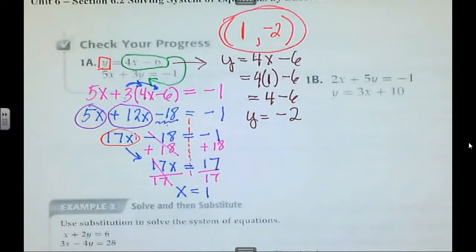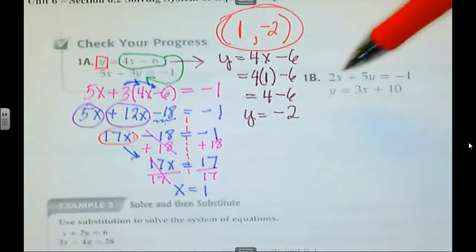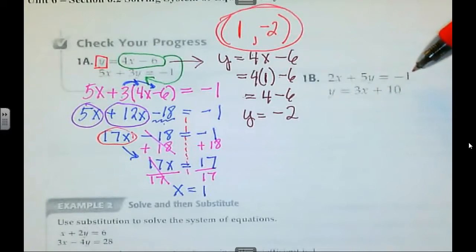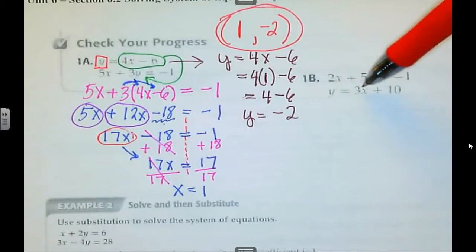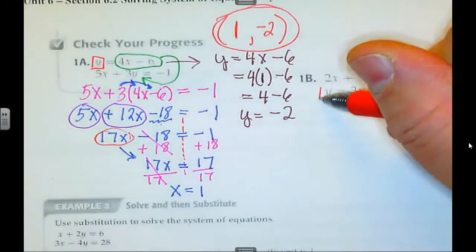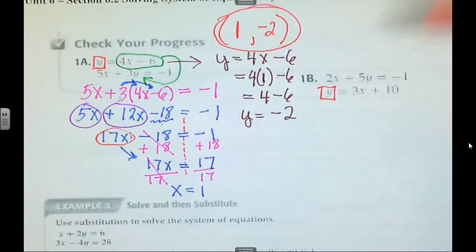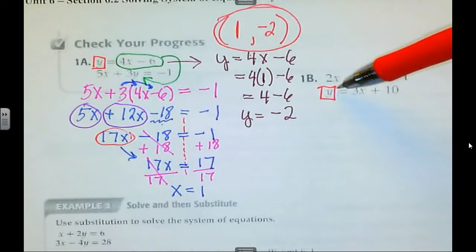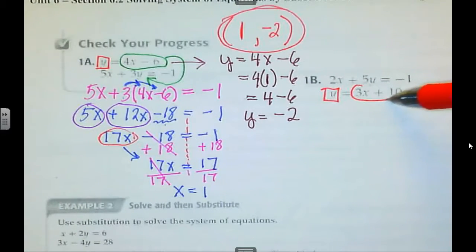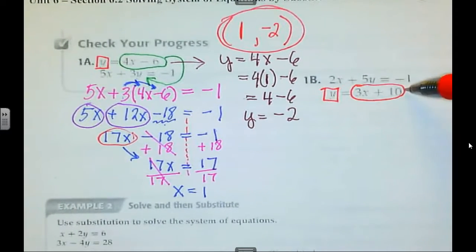Let's try another one. Let's do B. Okay, my first equation, I have 2x plus 5y equals negative 1. Y equals 3x plus 10. Well, I have a variable solved for. By the way, this could be y or x. It could be either one. I have y equals 3x plus 10.